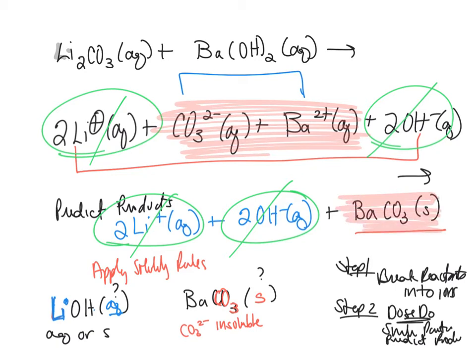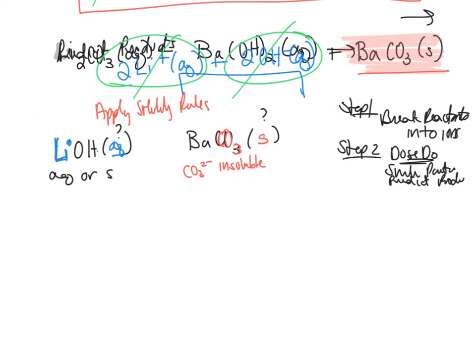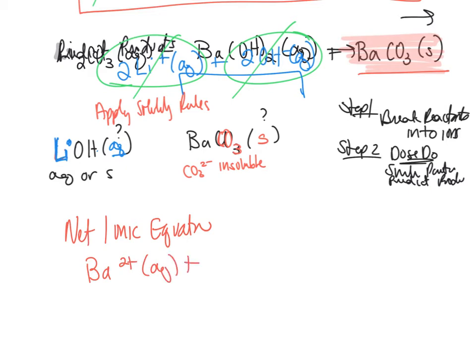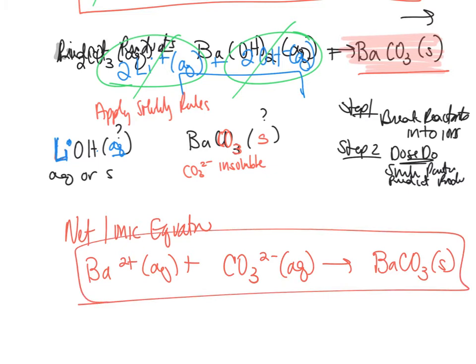So you see I've highlighted these, and when I write my net ionic equation, I would write barium 2 plus aqueous plus the carbonate aqueous comes together to form barium carbonate solid. And that's my net ionic equation because the spectator ions have been crossed out. Okay, let's go to the next one.